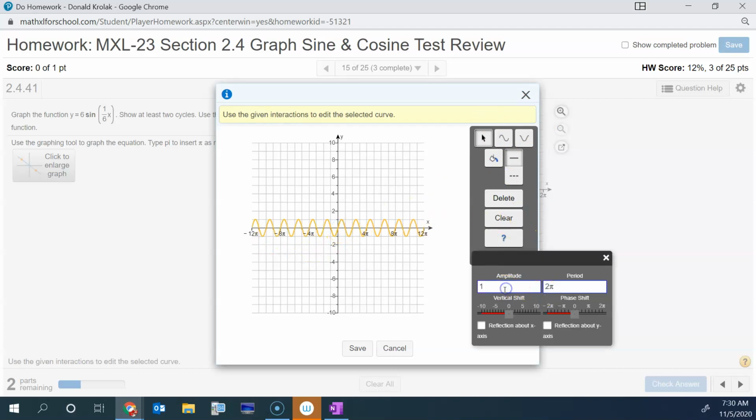Sine, amplitude, 6. All right, and what else? Period, and what's it going to become? 1/3 pi, pi over 3, and how did you get that?